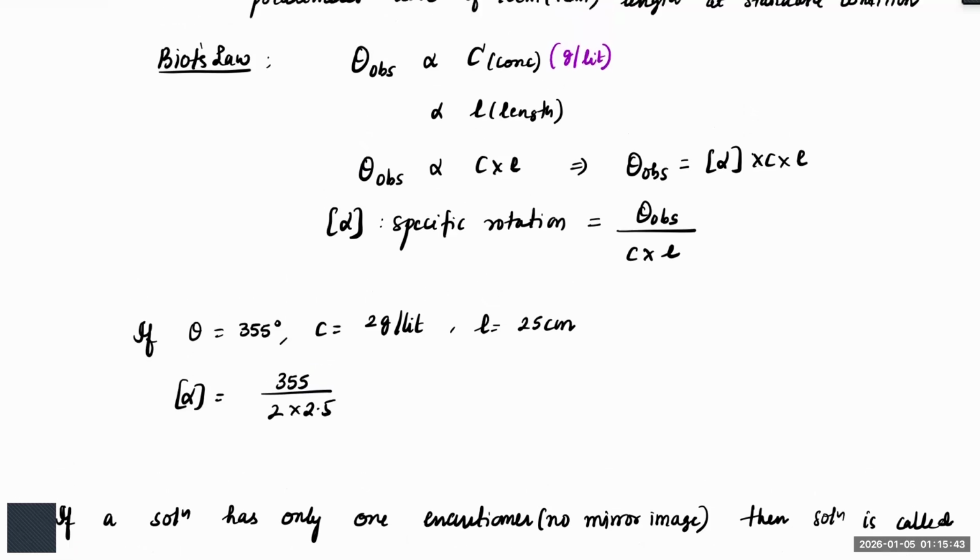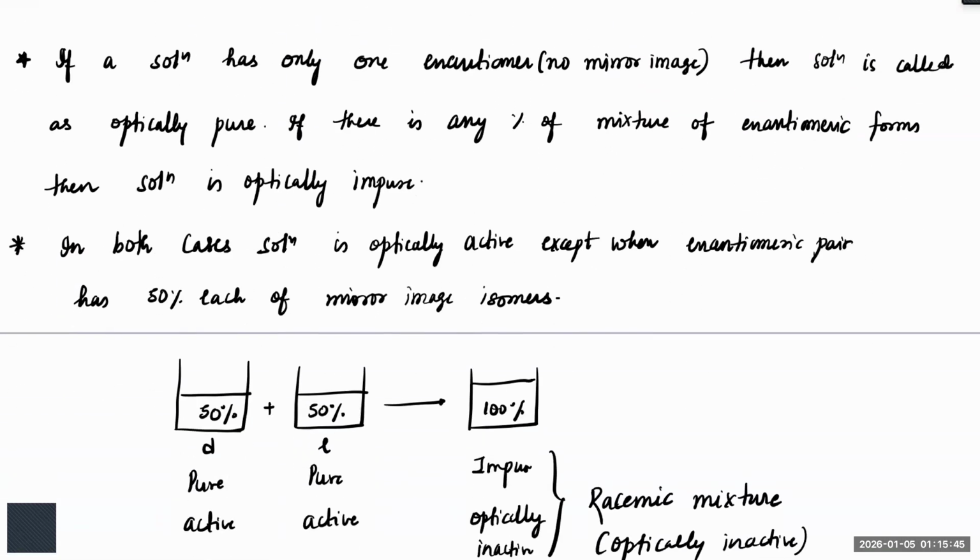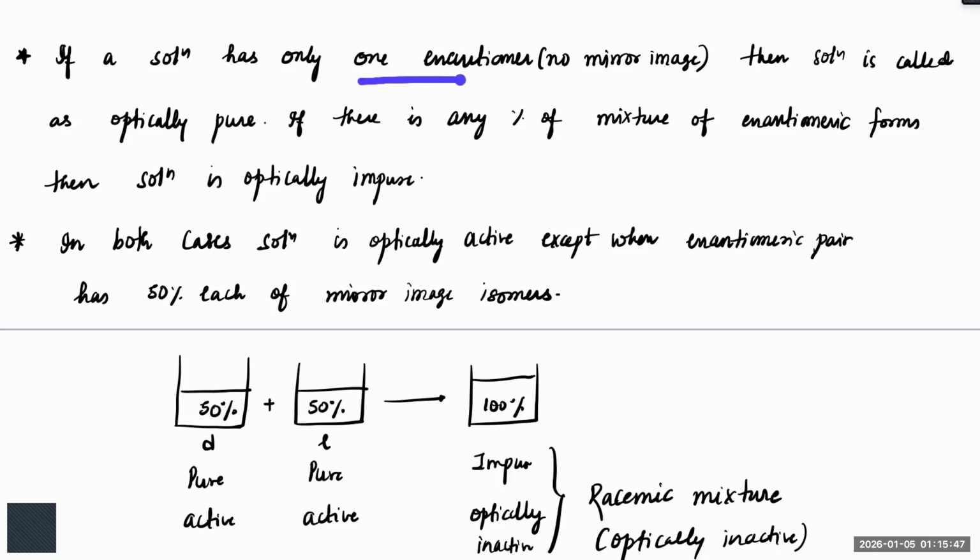All right, next. See, if a solution has only one enantiomer, right, and there is no mirror image contained in it, then the solution is called an optically pure solution. If there is any percentage of mixture of enantiomeric form, then the solution is optically impure.